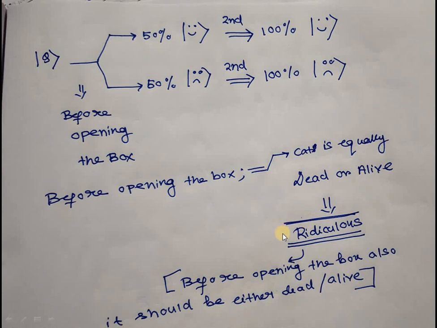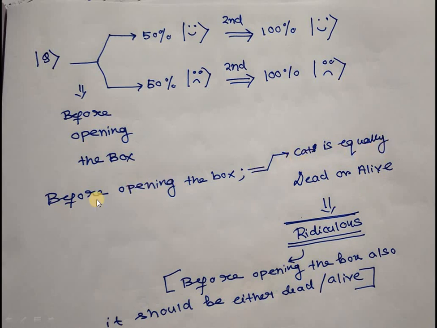It is ridiculous that before opening the box it should be either dead or alive, but according to the theory given by Copenhagen, before opening the box the cat is equally dead and alive. So this contradicts the Schrodinger thought experiment.